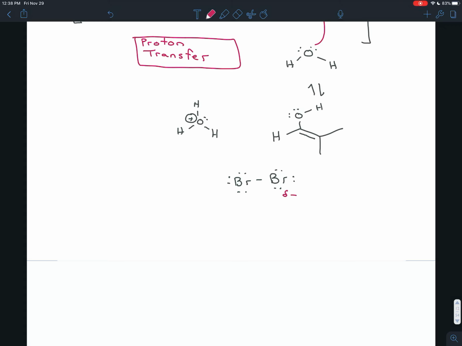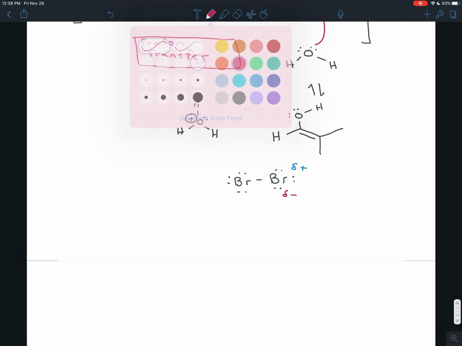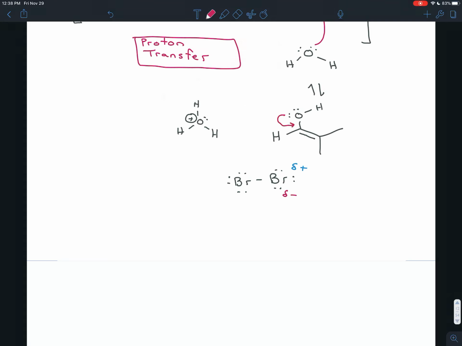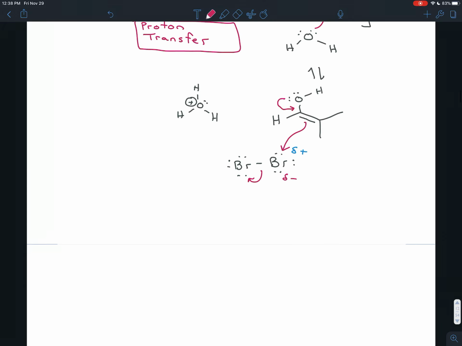Bromine is really big, so there's enough space for them to go on the opposite side of the atom. They flee the side that faces the pi bond, and so that side of the atom becomes slightly positive. With a little push from the lone pair above, these pi electrons are free to attack that slightly positive bromine and kick the other one off. So you have really nucleophilic attack here.